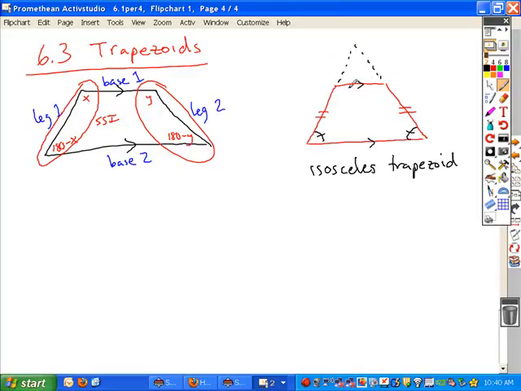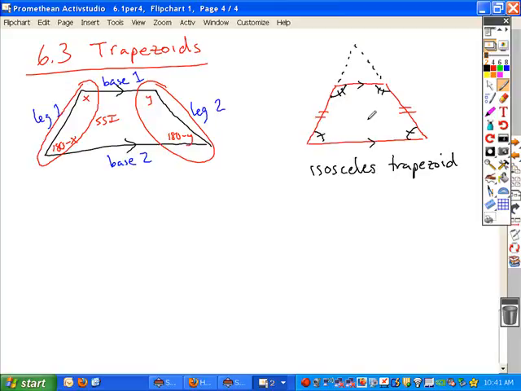Okay. Is this upper pair of base angles going to be equal as well? Yeah, for the same reason. If you know that these two angles have to equal 180 each and these are the same, then these are going to be the same as well. Okay. So be aware of that. You will see a number of figures that are in this shape, an isosceles trapezoid.